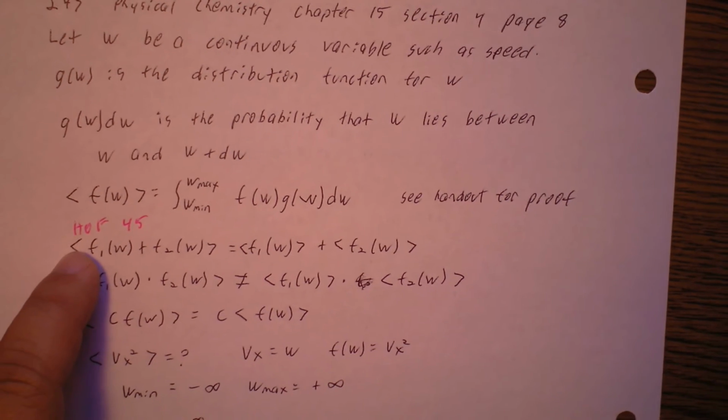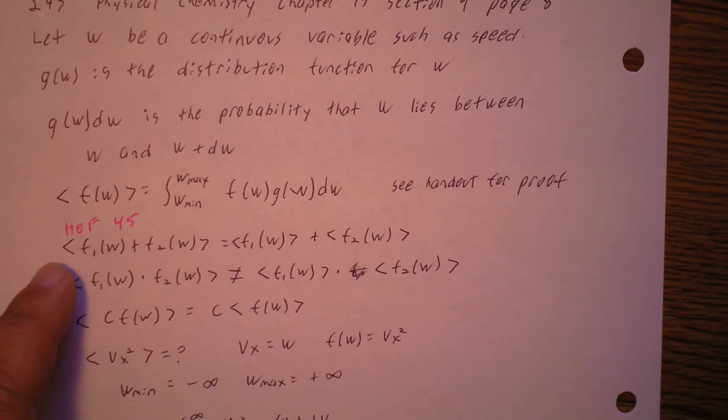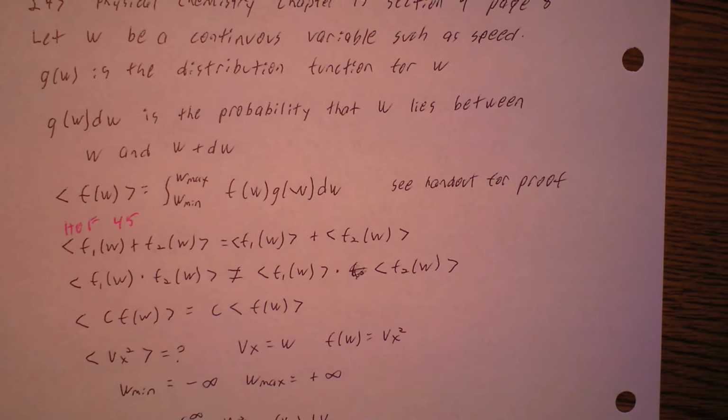So we have the average of f1 plus f2, and that's equal to the average of f1 plus the average of f2. So that's adding. But you can't multiply: the average of f1 times f2 is not equal to the average of f1 times the average of f2.